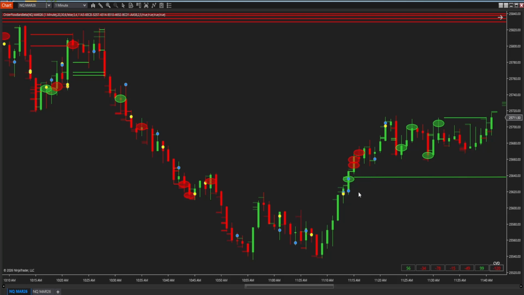Are there true stacked imbalances for that? In the future, I can do a setting if you want real-time stacked imbalance. I will do that. Right now, it's just when the bar closes, it will show up.